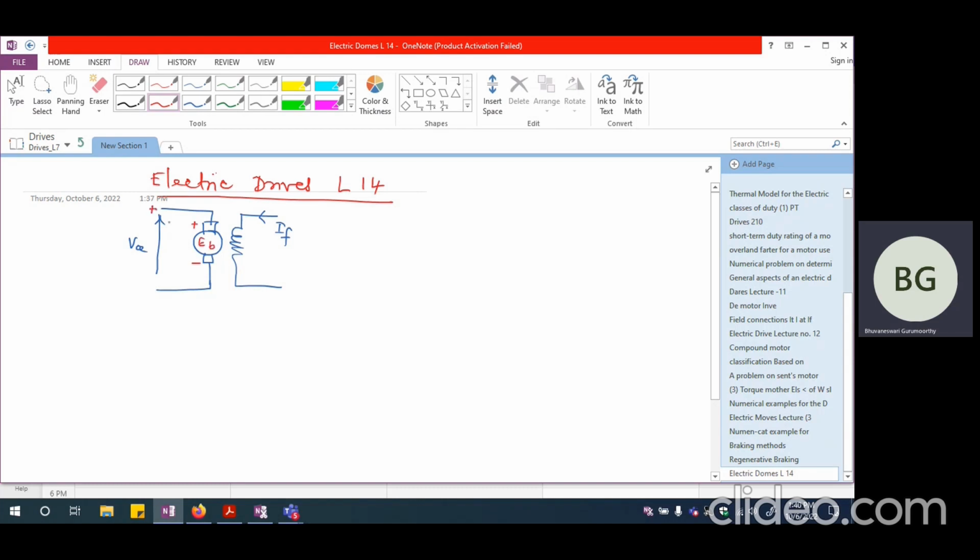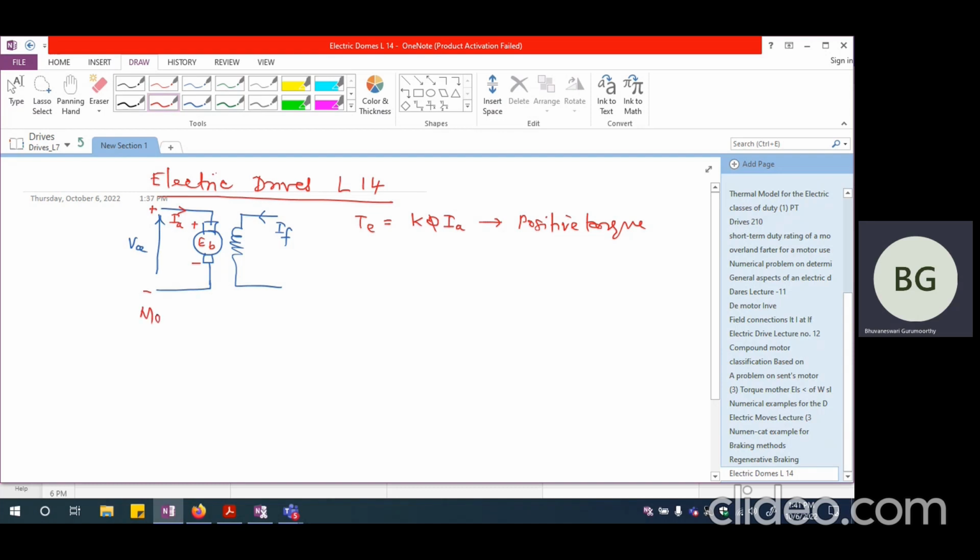And as far as VA is concerned, this is going to be positive and this is going to be negative. So I'm going to have an IA flowing into the armature. So I'm going to have TE equal to K phi times IA. And this is going to be a motoring torque or positive torque, which we call motoring torque.